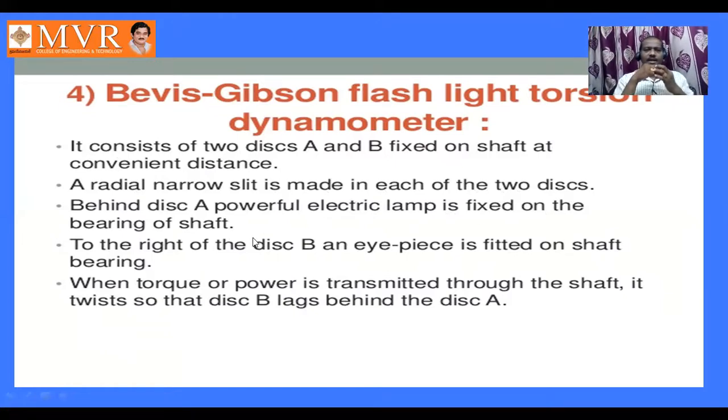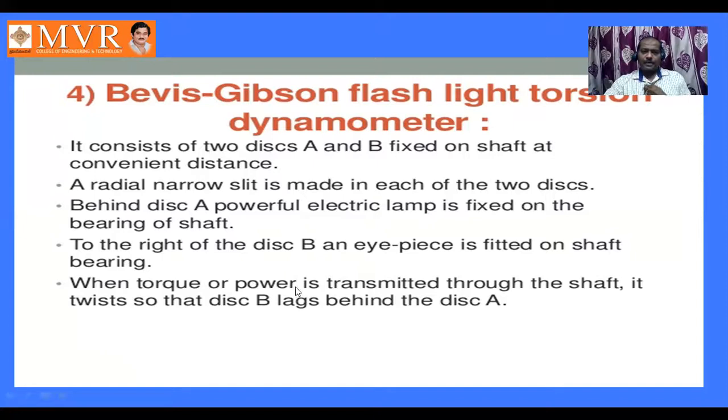Light from that lamp passes through the slit and reaches disc B. To the right of disc B, an eyepiece is fitted on the shaft bearing, through which we are going to observe.